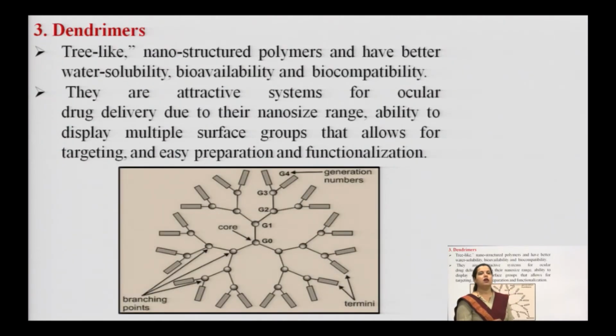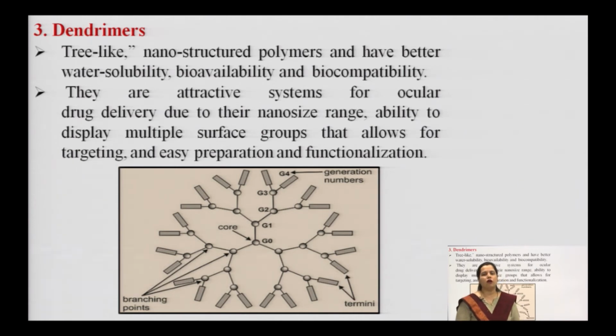Next is dendrimers. Dendrimers are tree-like nano-structured polymers. Again, these are nano-structured polymers, that means nano carriers. They have better water solubility, bioavailability and biocompatibility.